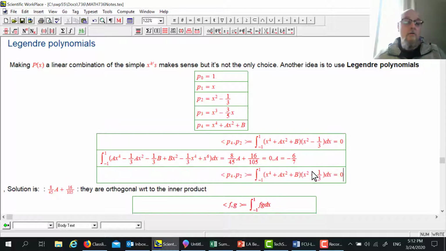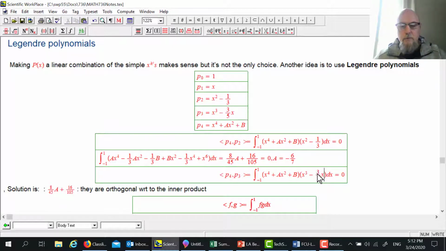I'm looking for another equation. So P4 and P3. So that means P3 set equal to 0. Do the same thing.